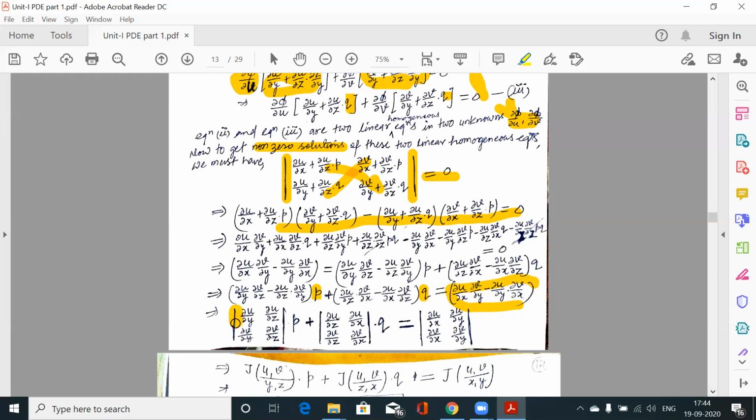So we can write this as the determinant of this term. If we solve this determinant, we will get this value. This bracket is the determinant of these values, the same for this bracket and this bracket. And this is the coefficient of P, this is P, this is Q.